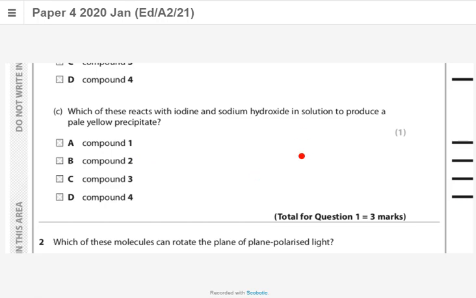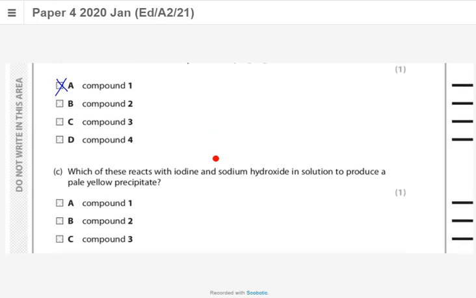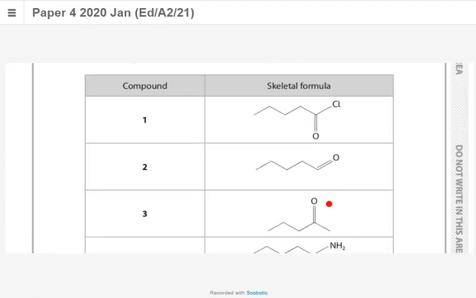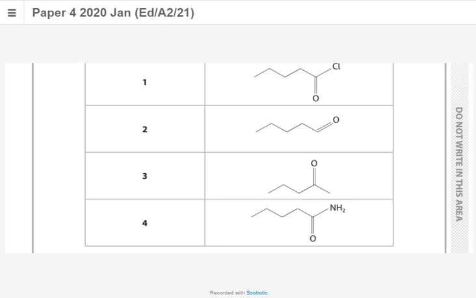Which of these reacts with iodine and sodium hydroxide solution to produce a pale yellow precipitate? This is the iodoform reaction. Any compound which contains a methyl carbonyl group, or which produces a methyl carbonyl group upon oxidation. You can see there's a methyl carbonyl group here.